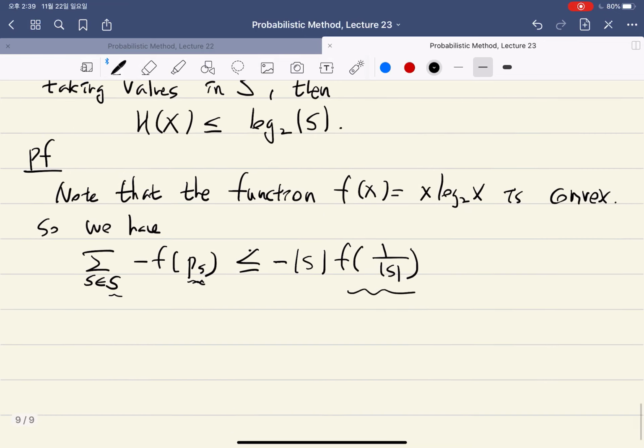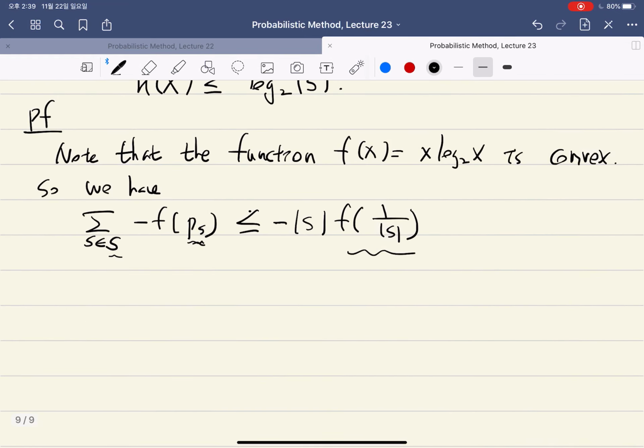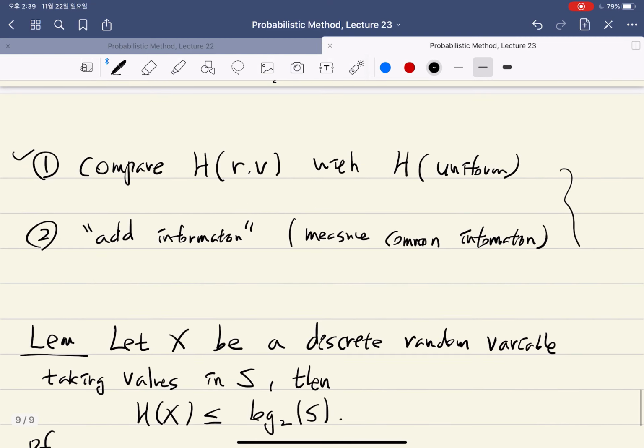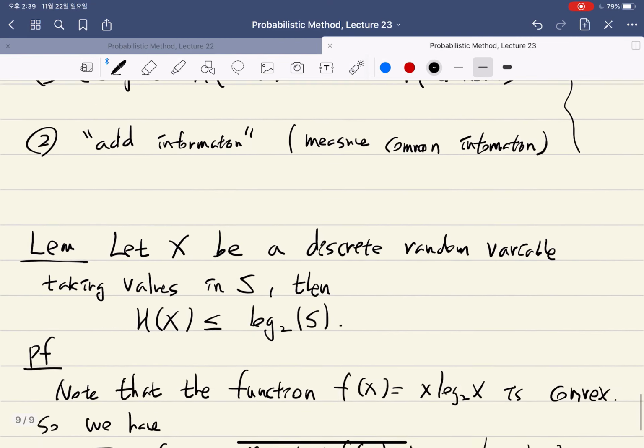This is nothing but 1 over |S| times log 2 of 1 over |S|. You multiply this, and then you multiply by negative, then this is log 2 of the size of S, which proves the lemma.